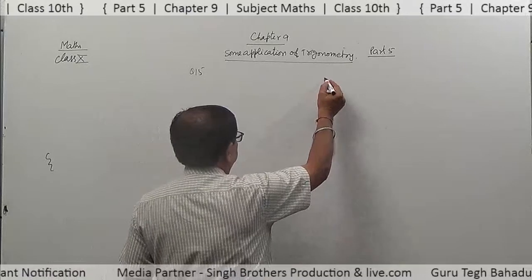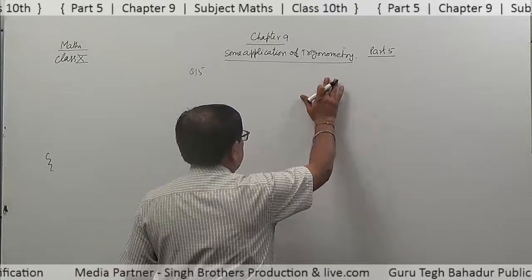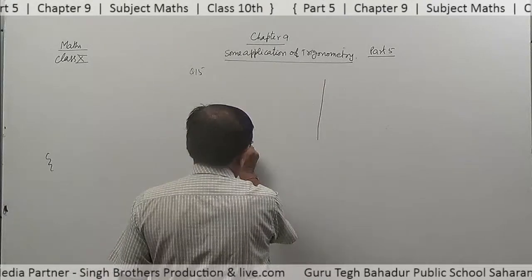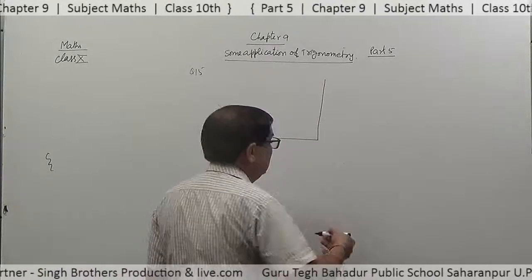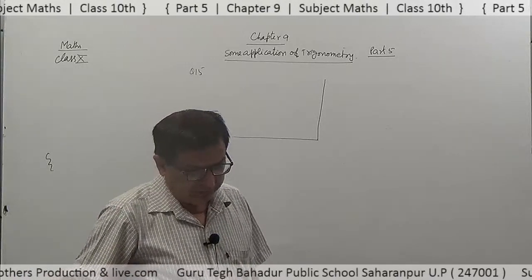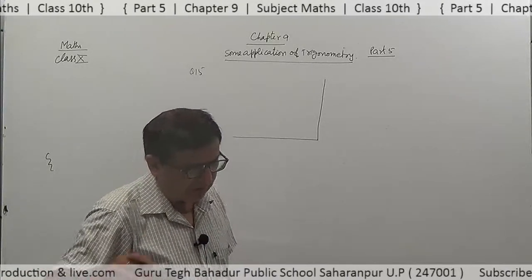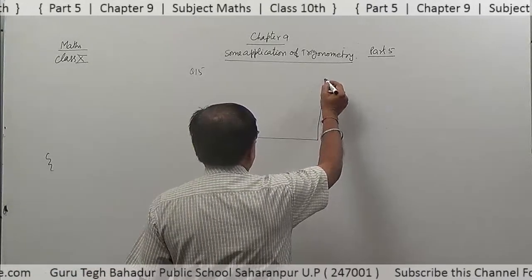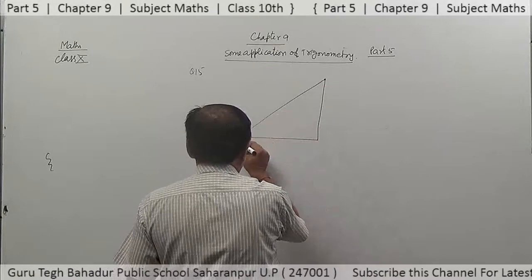This is your tower, this is your state highway. The angle of depression of a car is 30 degrees. From here we see this car.